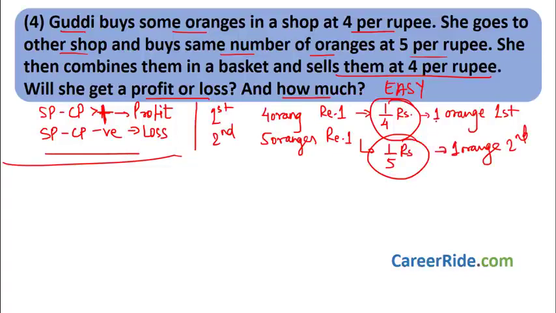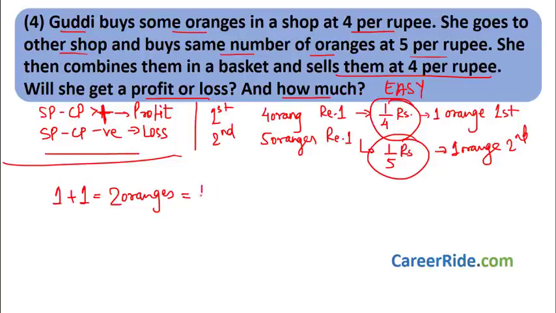Now what she did was that she combined all the oranges in the basket. Now say she takes one orange from the first shop and mixes it with one orange of the second shop. How many oranges do we get? 2 oranges. What will be the cost price for these 2 oranges?